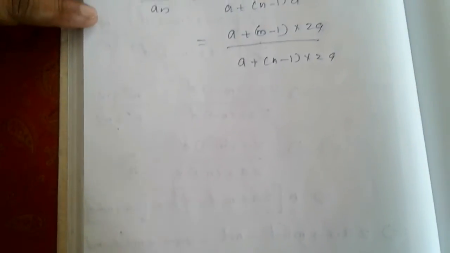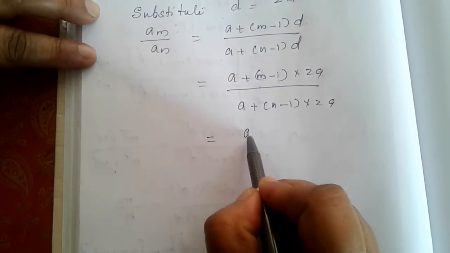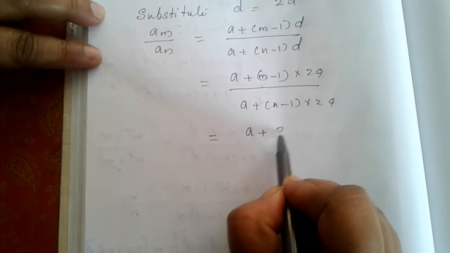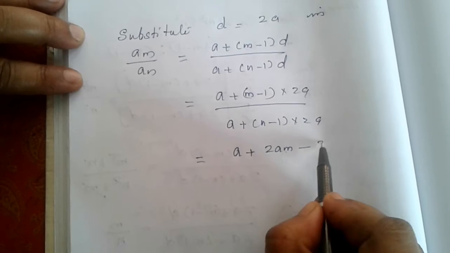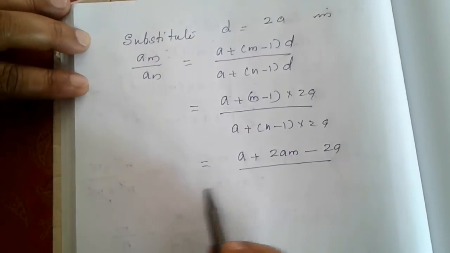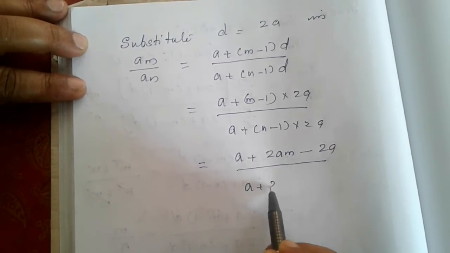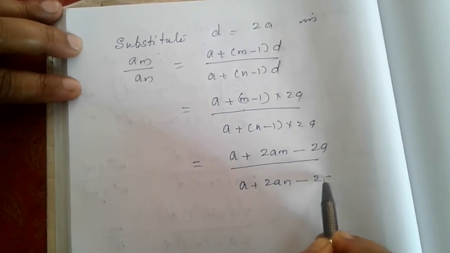Now multiplying 2a inside, that equals a plus 2am minus 2a by a plus 2an minus 2a.